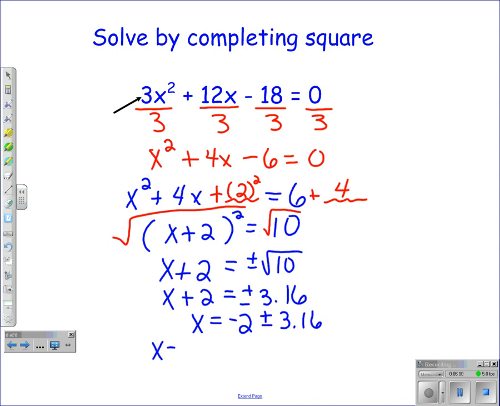X will be equal to a negative 2 plus a positive 3.16, which is actually 1.16. And x is also equal to a negative 2 minus 3.16, which will give us a negative 5.16. Yes, these are approximations for the solutions to the quadratic equation, and that's one thing that completing the square helps us do very nicely. Good luck.